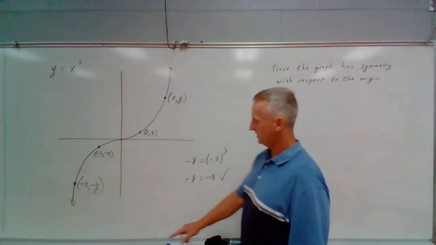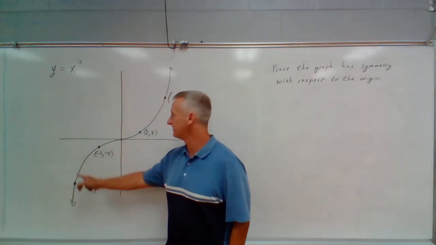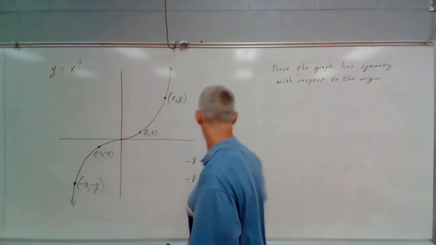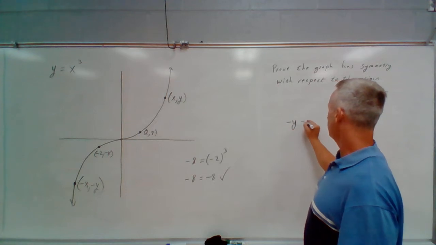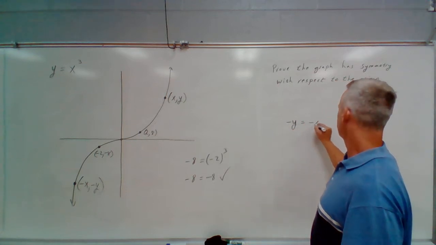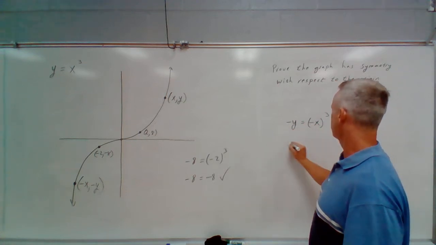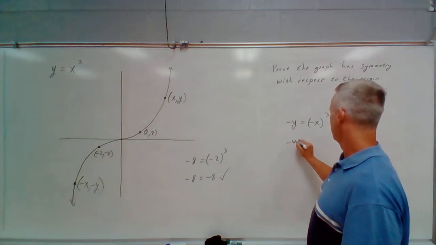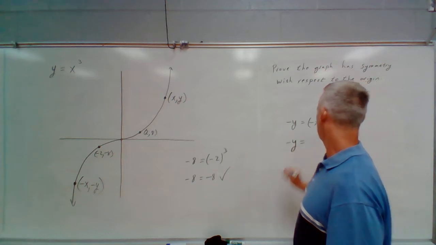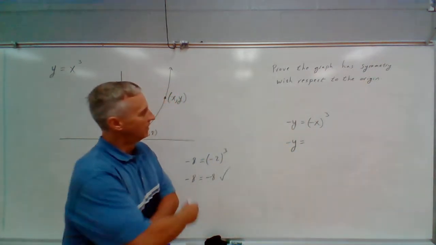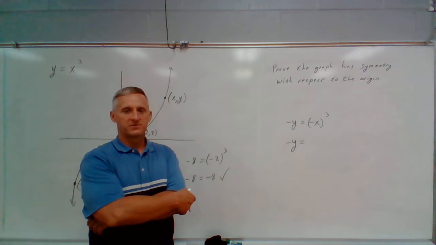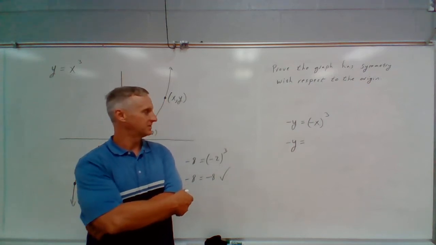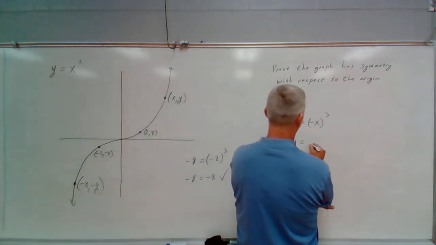So I'm going to plug the -x in for x, and the -y in for y. So I'll have -y equals (-x) to the third. (-x) to the third is -x times -x times -x, which is -x to the third.